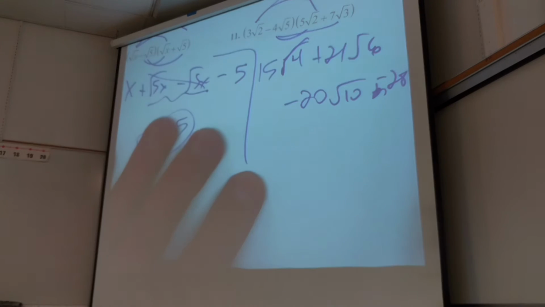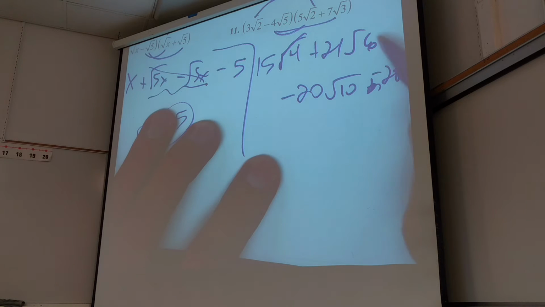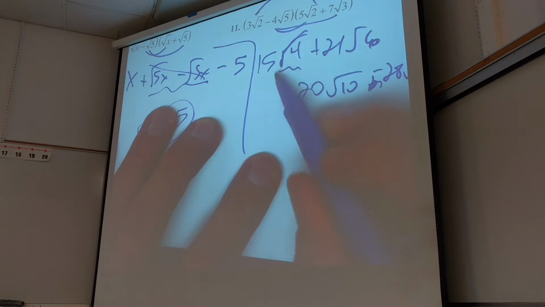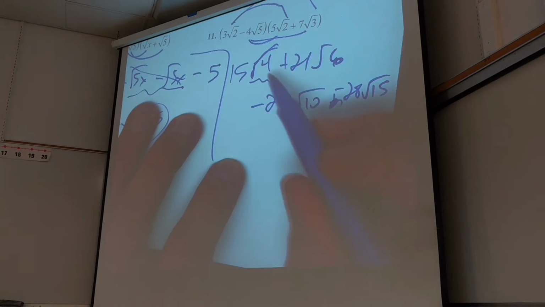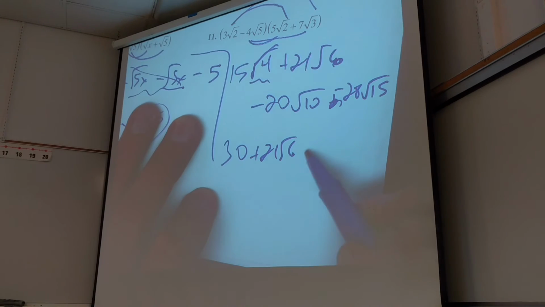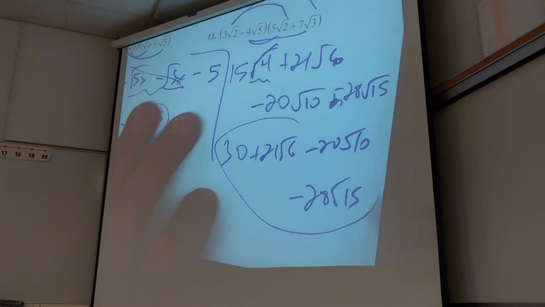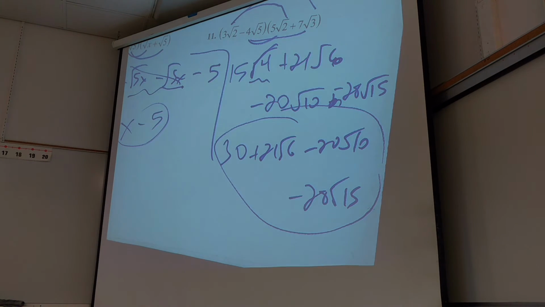Minus 28 square root of 15. Now, none of them are reducible except square root of 4, which is 2, times 15. 30 plus 21 rad 6, minus 20 rad 10, minus 28 rad 15, and you're done. Because none of them are like terms, and none of them can be reduced, so you're done.